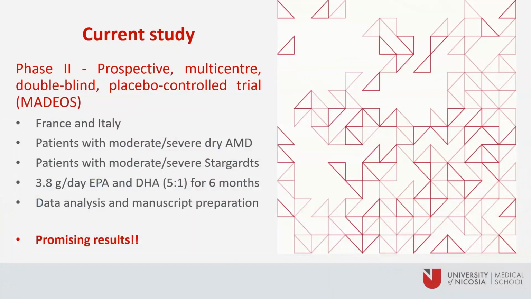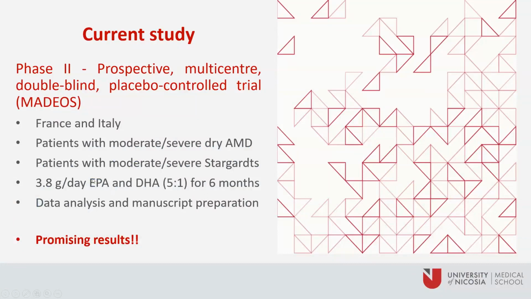And just a brief account on the current study that we have completed recently, and we do have the data analyzed. This was a study designed as a prospective multi-center double-blind placebo-controlled trial. The patients were recruited in France and Italy. We had patients with moderate or severe dry AMD or Stargardt disease.